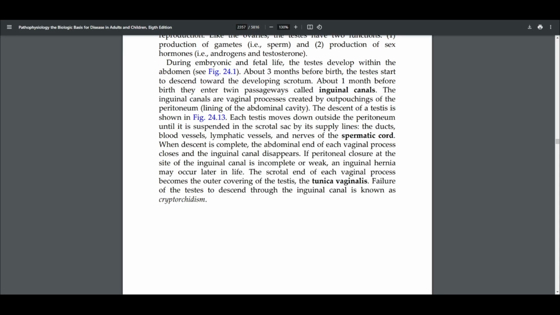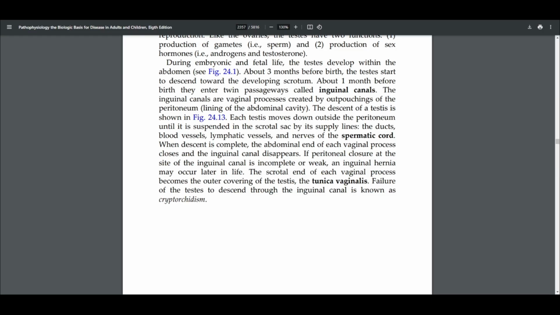Each testis moves down outside the peritoneum until it is suspended in the scrotal sac by its supply lines, the ducts, blood vessels, lymphatic vessels, and nerves of the spermatic cord. When descent is complete, the abdominal end of each vaginal process closes and the inguinal canal disappears.